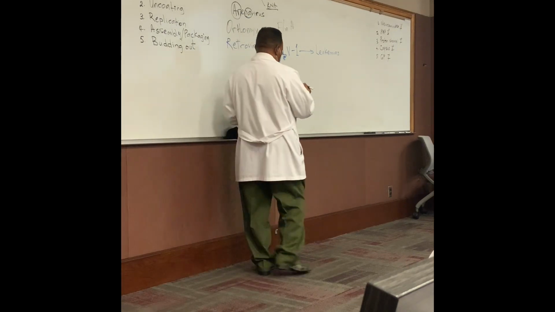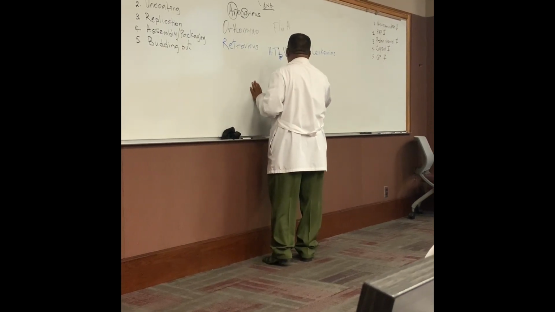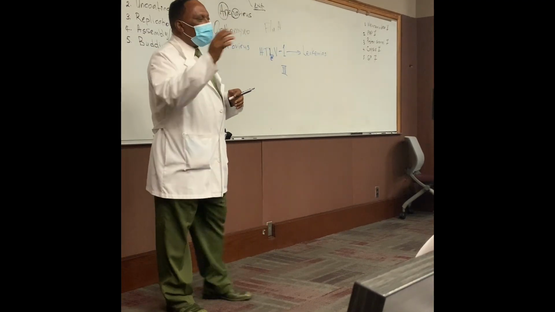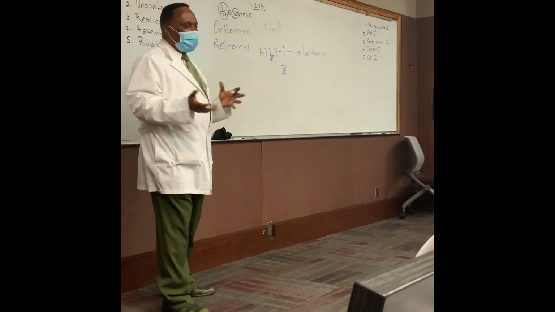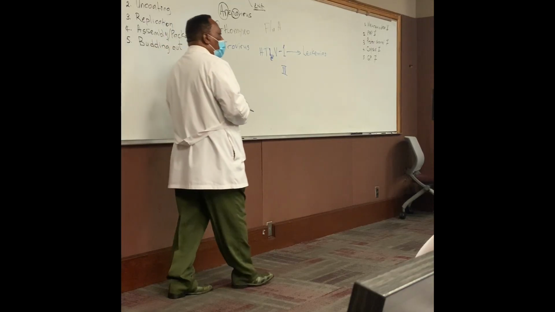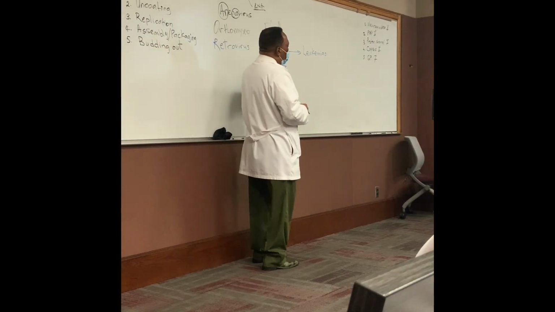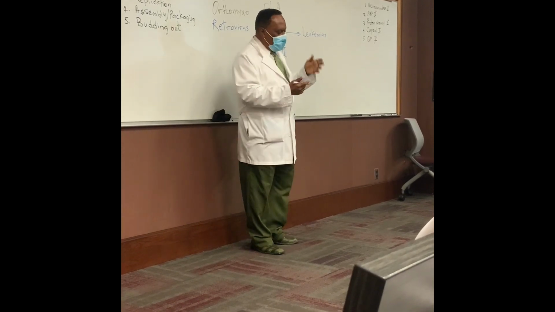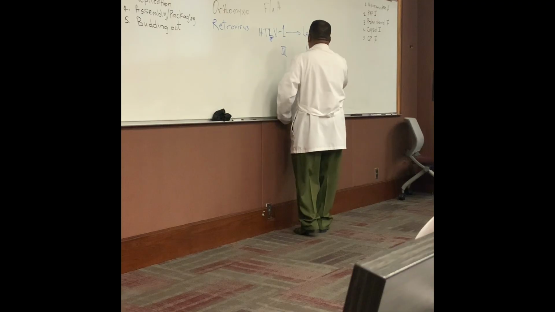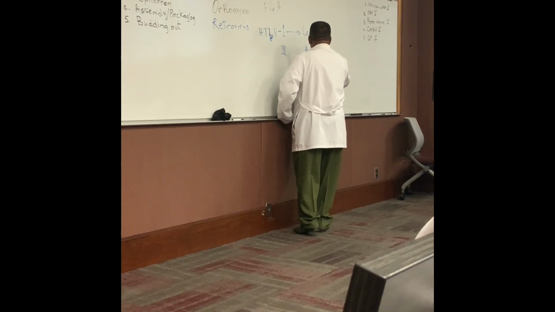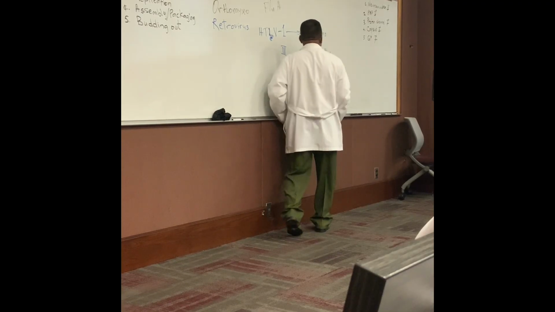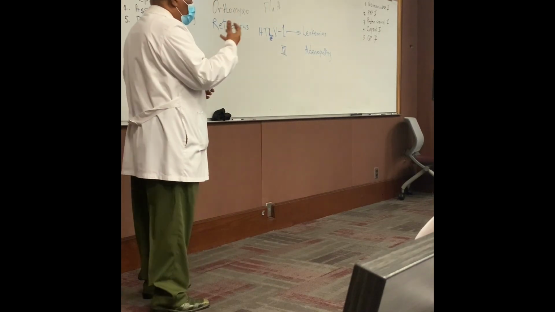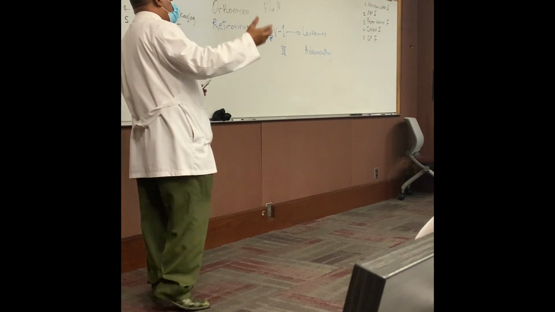HTLV3 is the one that was initially suspected to be the cause of HIV, because if you look at the manifestations of HTLV3 infections, you will have that adenopathy, which is very prominent in HIV infections.